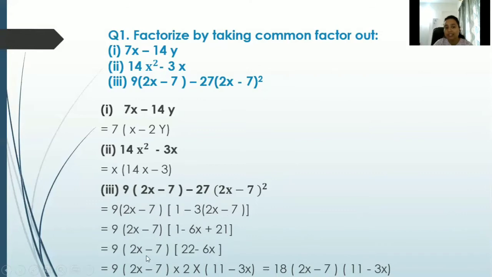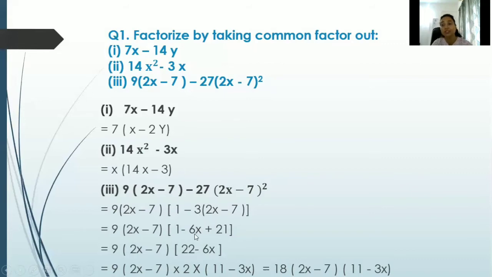Now, on this side we will not do anything; we will just handle this bracket. So 1 minus 3(2x minus 7) is here. What I am doing: 1 is here, minus 3 multiplying by 2x, so minus 6x.